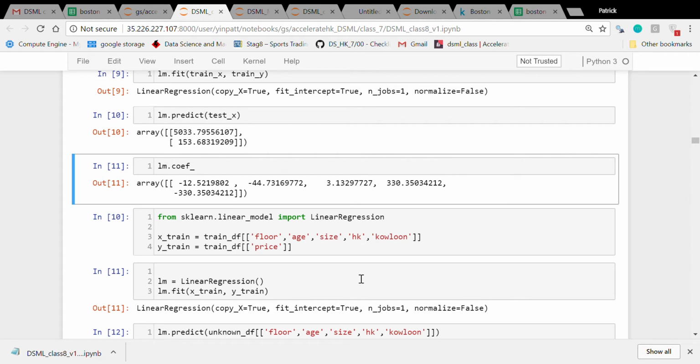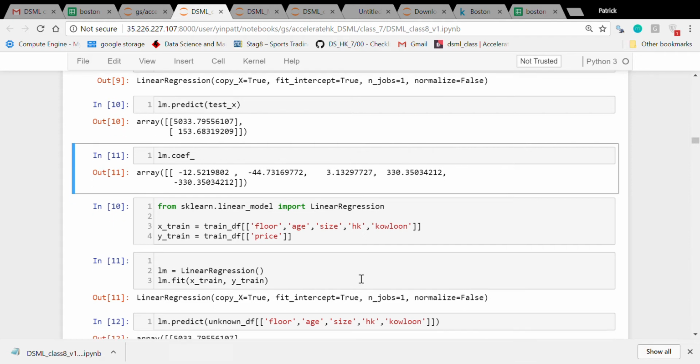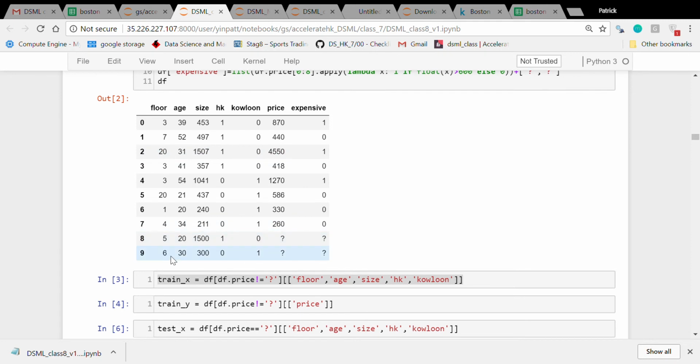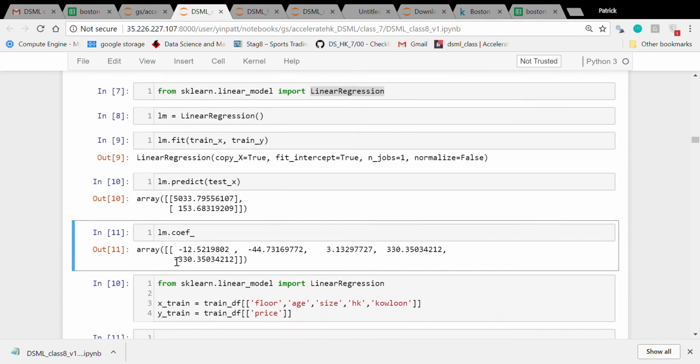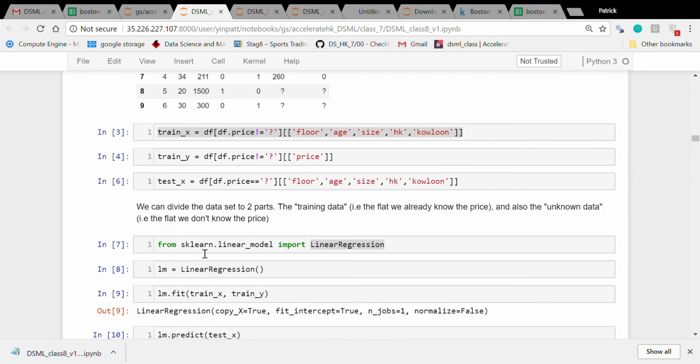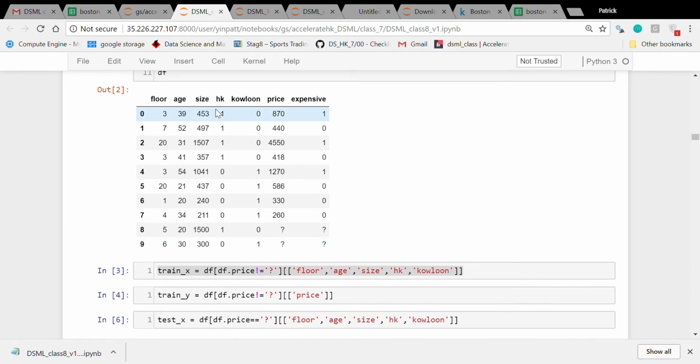And the coefficients, if it's positive, it means it has a positive relationship between the price and these variables. Let's say our first one is floor. Okay. Well, in this case, it means lower the floor, higher the price, which doesn't really make sense. And the 1, 2, 3, 4.